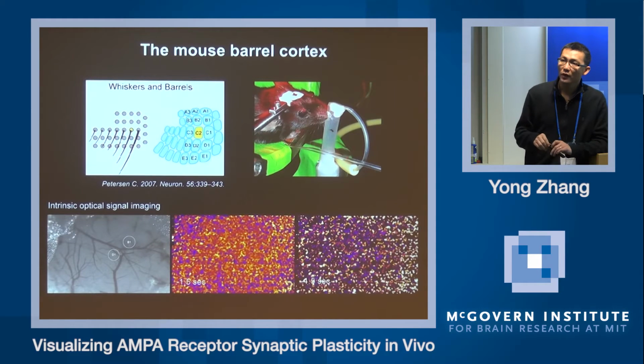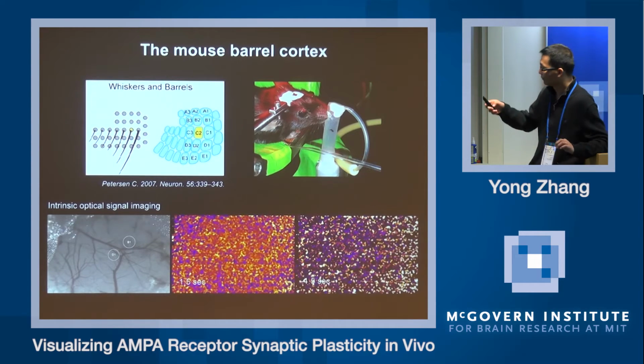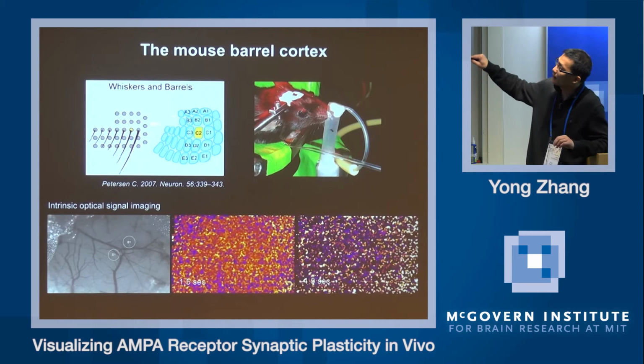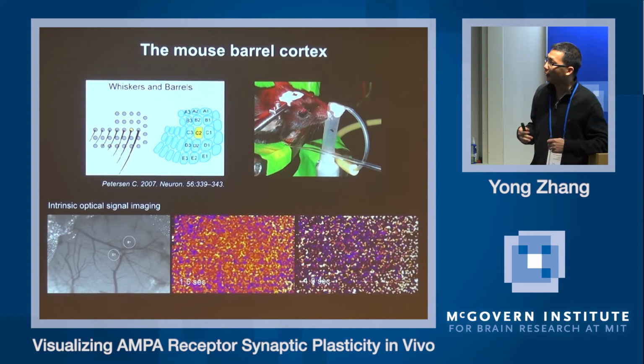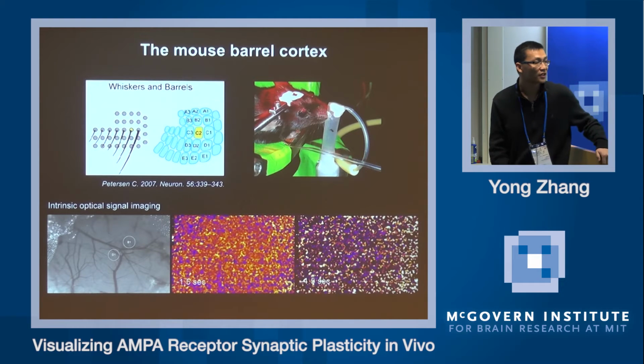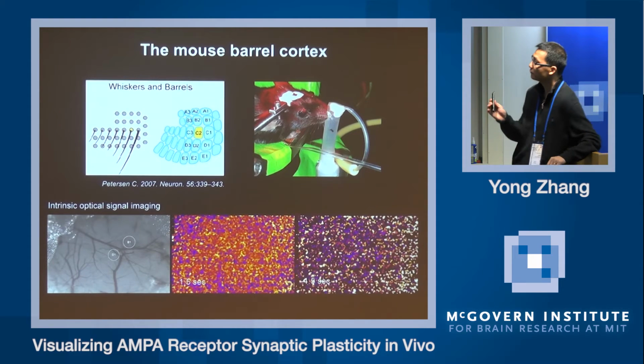The first brain region we decided to start imaging AMPA receptor dynamics in is the barrel cortex, or the somatosensory cortex. The reason is that previous studies have found a very good one-to-one correlation between each individual whisker and its corresponding barrel column inside the barrel cortex. This one-to-one correlation adds specificity to this system and makes it a very attractive system to study synaptic plasticity.